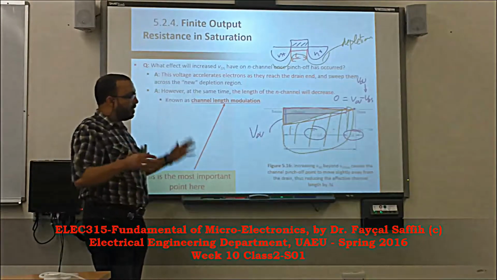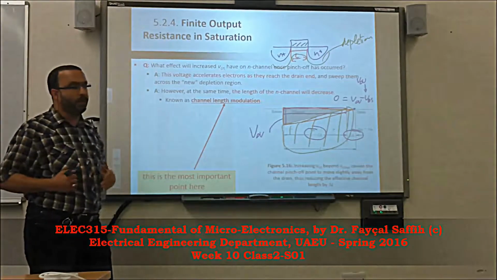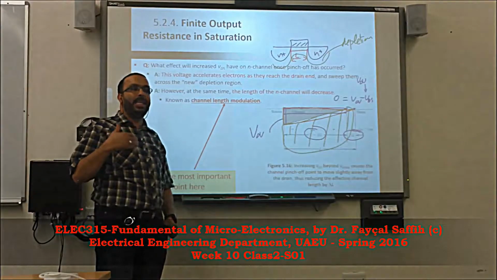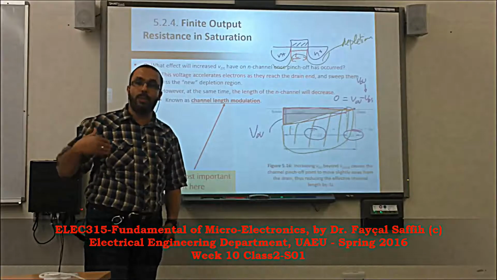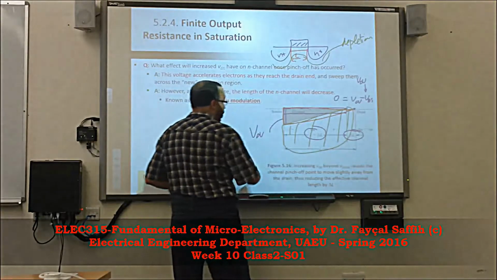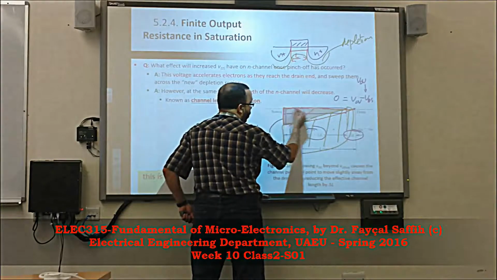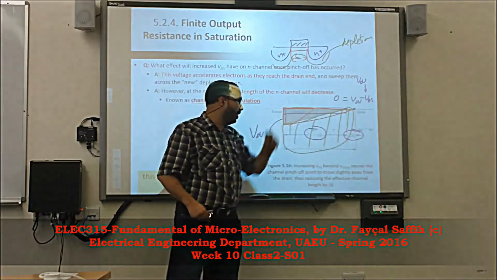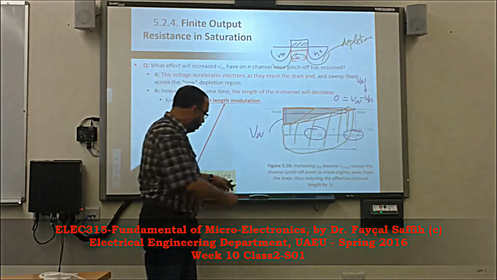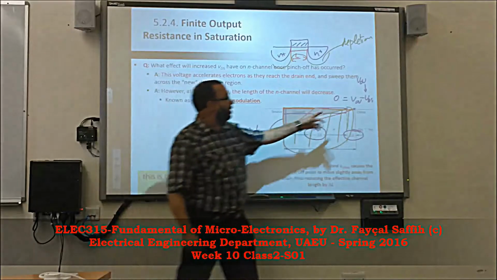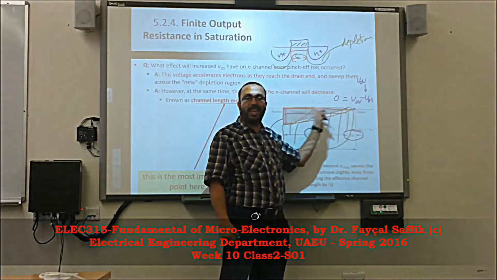Alright, that's the physical description of what's going on in saturation. Not only saturation, but the region when VDS goes beyond the overdrive. In the worst case, for example, the channel can go here. It's even smaller than the original channel. So what does it mean? It means that VDS has controlled the length of the channel.